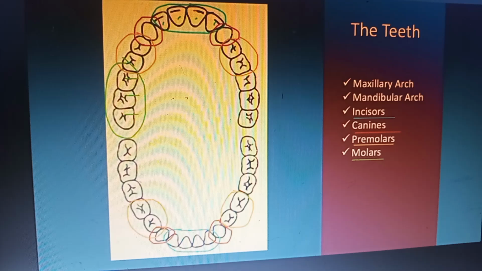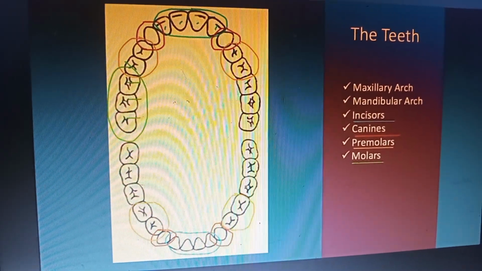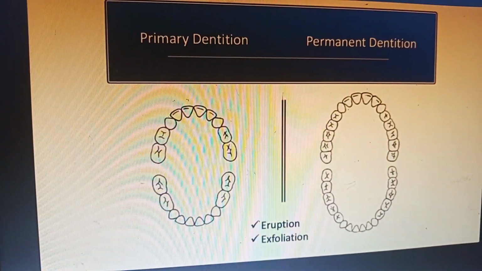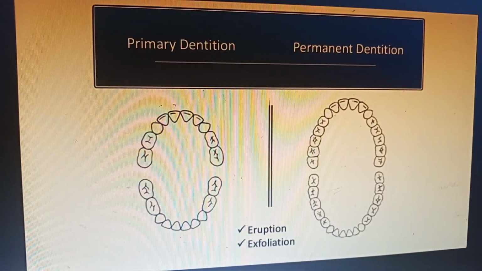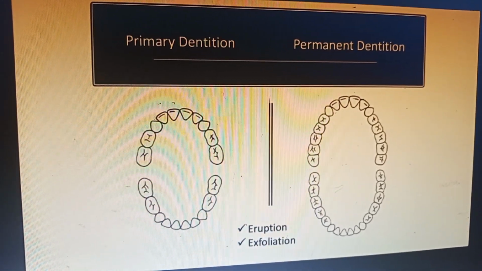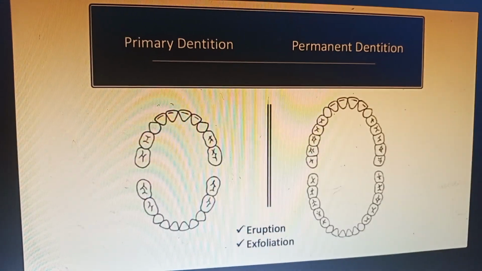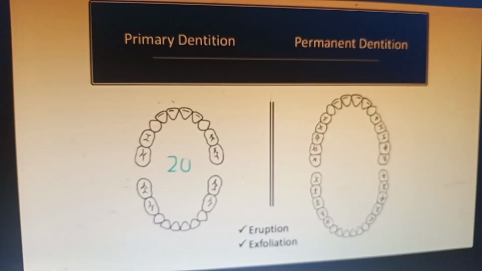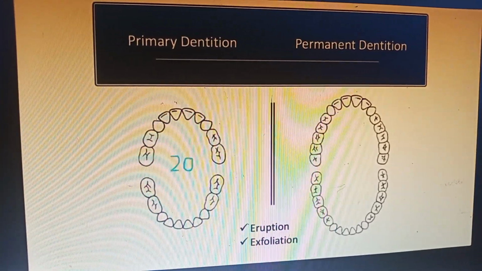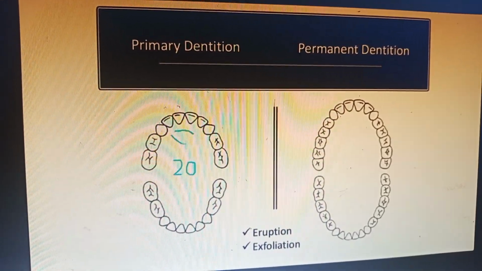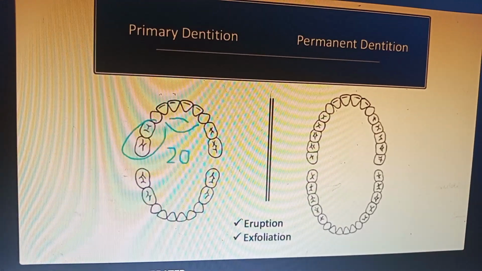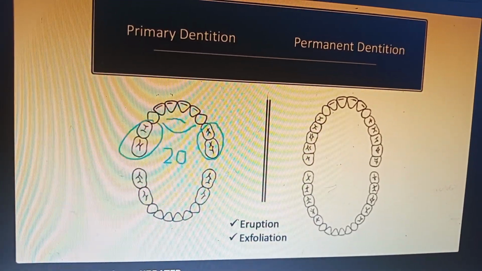So let's talk about the baby teeth. The baby teeth, also called the primary dentition, are shown here, and we have 20 of them in total. We have 20 baby teeth when all of them come in. There are four incisors per arch, two canines per arch, and four molars per arch.